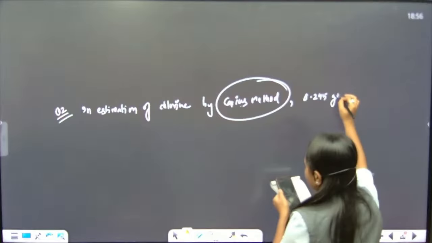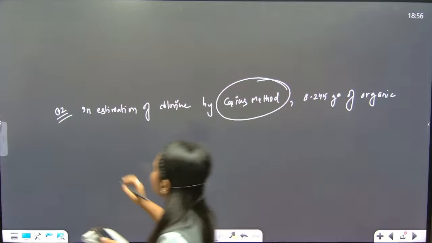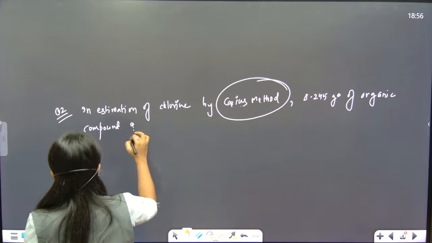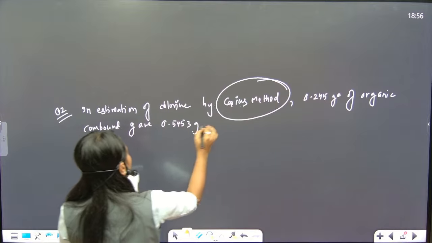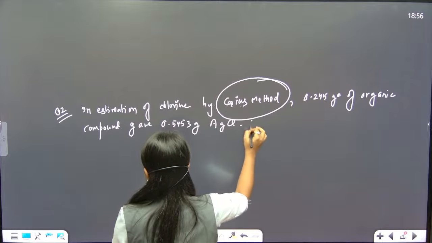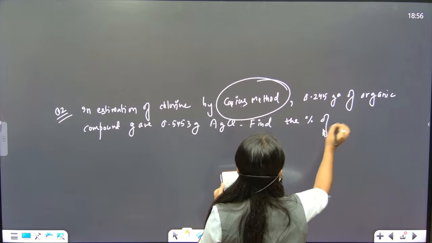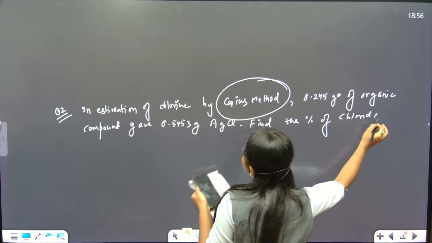0.245 gram of organic compound gave 0.4553 gram of AgCl. Find the percentage of chlorine in the compound.